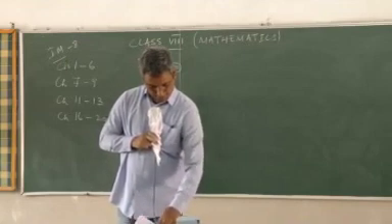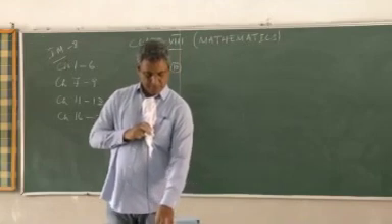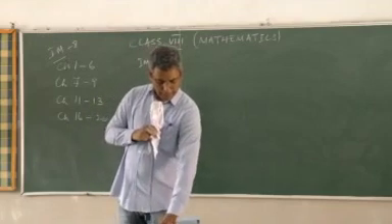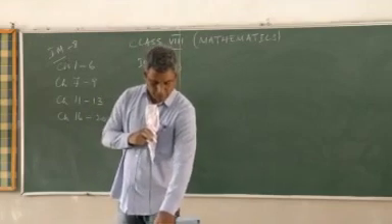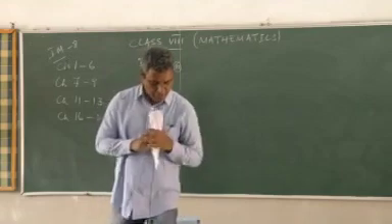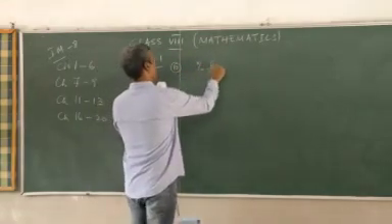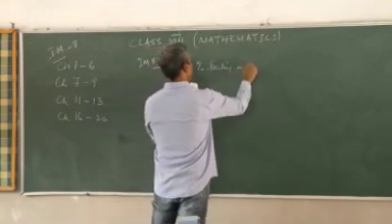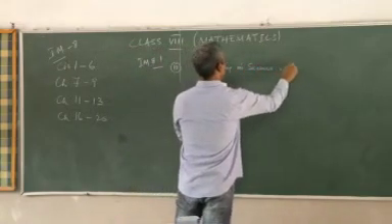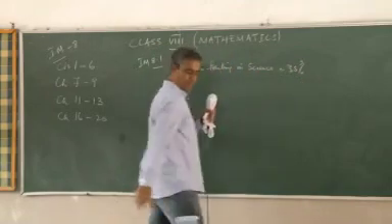It says, in an examination, 35% of students failed in science. Percentage failing in science, 35%.